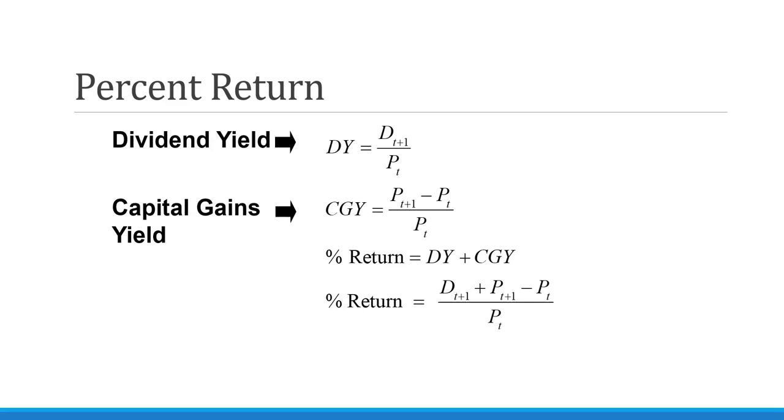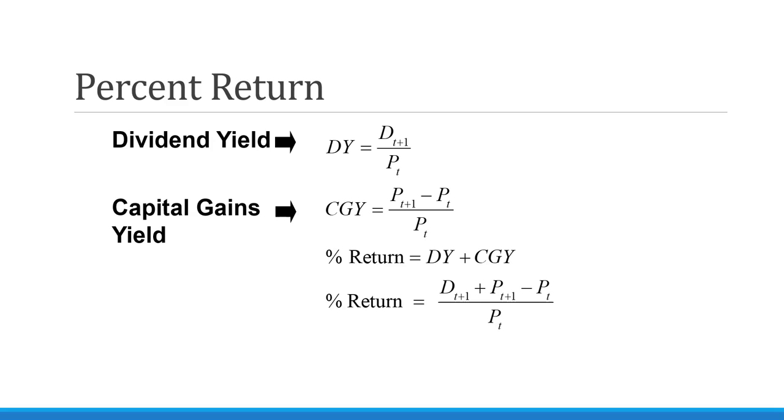When we're calculating what our percent return is, this is our dividend yield plus our capital gains yield. So our dividend yield is dividend divided by the price. And the capital gains yield is the price we sell for minus the price we paid divided by the price we paid.